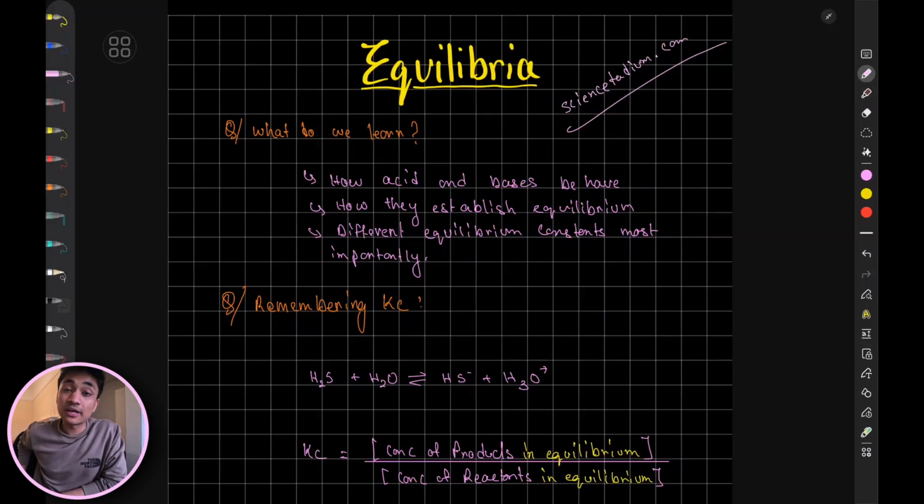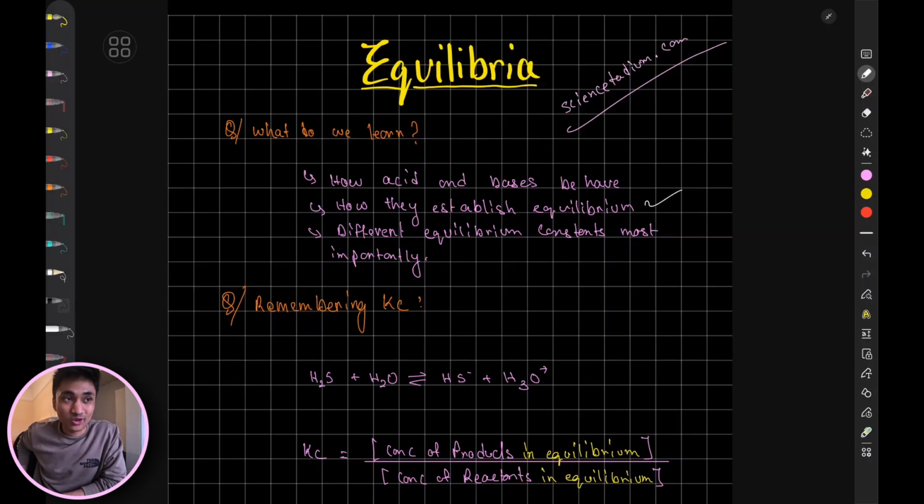Great. So equilibria is a chapter from physical chemistry, and what do we want to learn from this chapter? We want to understand how acids and bases behave when they're reacting together, what exchange takes place between them, and how equilibrium is established between them.